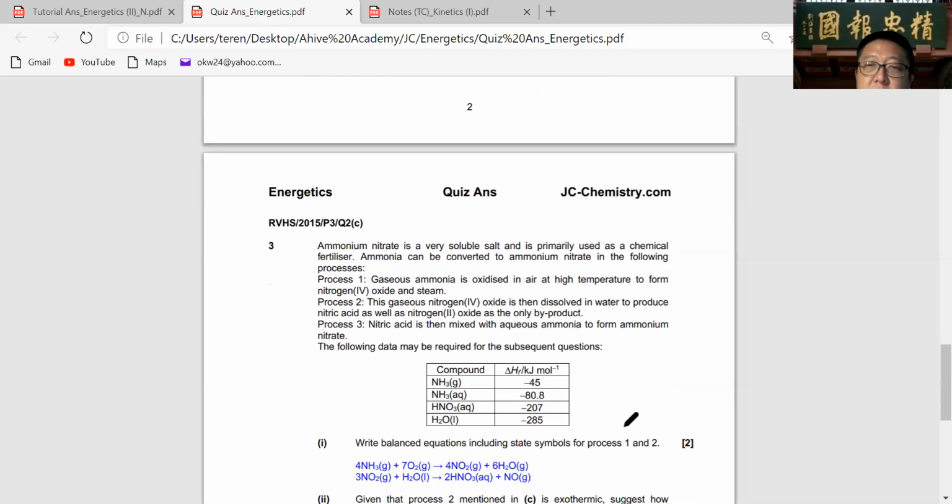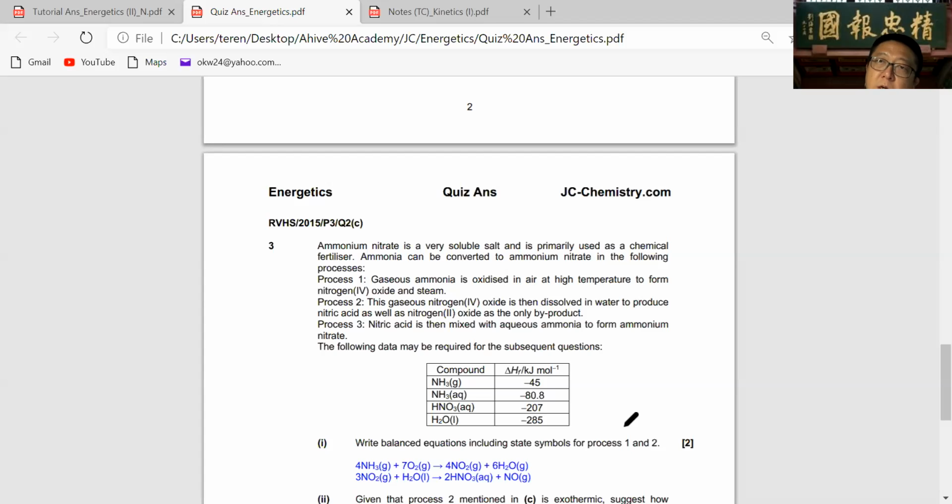Now write the balanced equation. Balanced equation is very important because in your energy cycle, you need to know exactly how many moles are being formed. Then you can draw the energy cycle, right? So you write the balanced equation for process 1 and then process 2. When you are told that it's oxidized in air, definitely we are using oxygen.